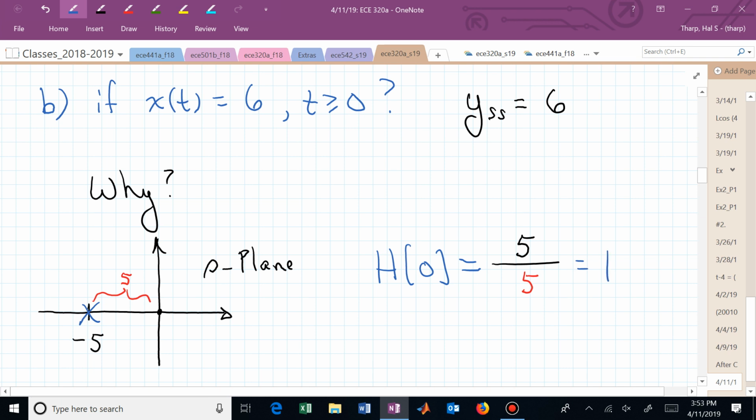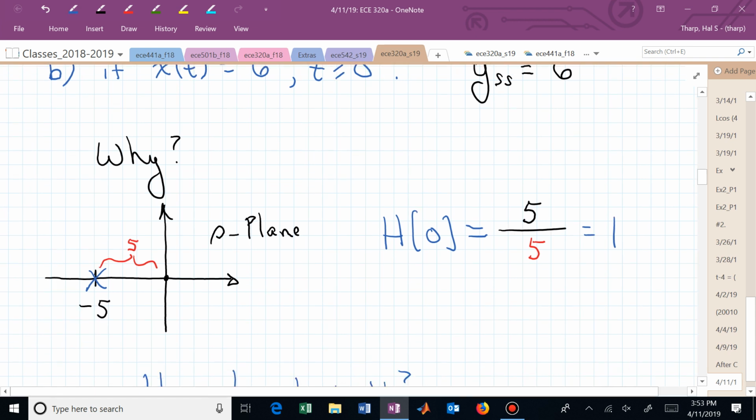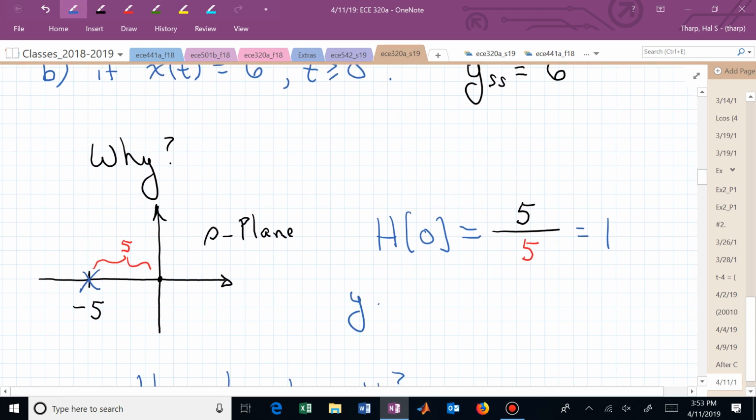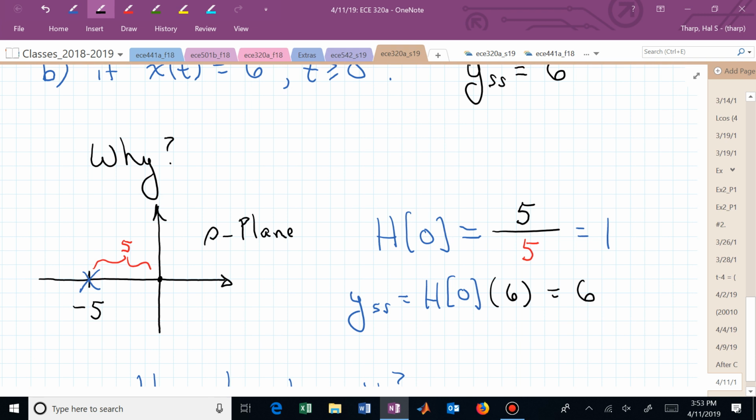How long do you have to wait for that DC gain? So now what you can think of is you could say, oh, my y steady state is actually h of 0 times the magnitude of my input, which in this case was 6, or the value of the constant. And that's 6. So we're shaking the system with an input that doesn't shake.